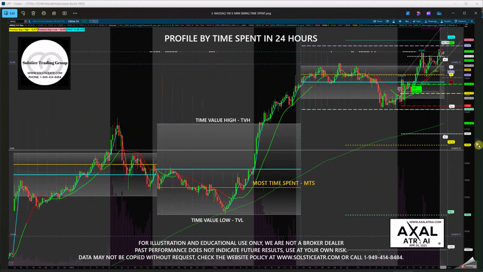And what I did, I used the profile. What is the time spent? Some of them call it monkey bars. The monkey bars has value time high, value time low. And in the 24-hour, the time spent between the European, Asian market, as well as the US market was lower. You can see here, the time spent was higher in relationship to value low, value high.